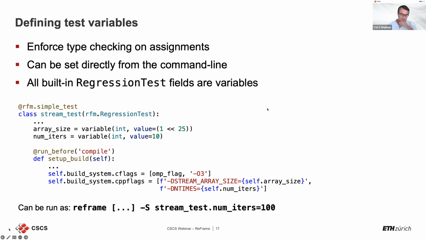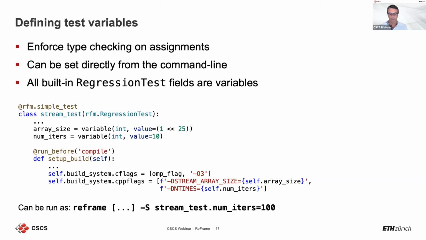One very interesting feature of the framework is that you can define test variables. Everything in the framework that I've shown you before, like the valid systems, the reference, etc., are all defined as variables. A variable is a special built-in in that DSL, and when you define a variable in such a way, it enforces type checking on assignments.